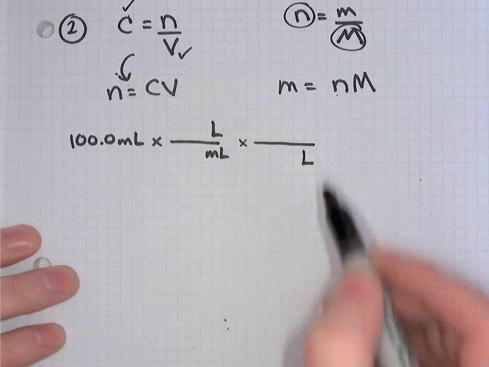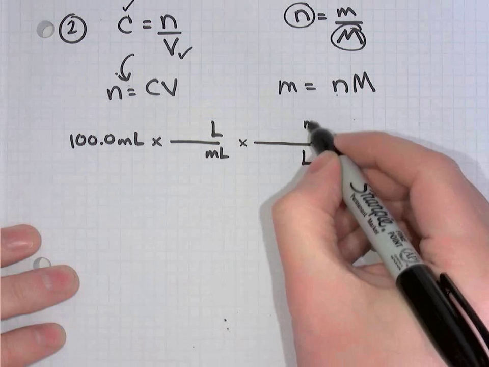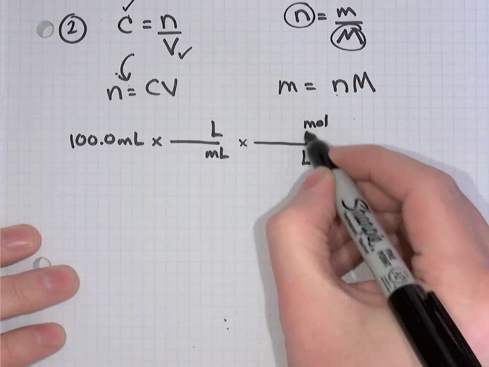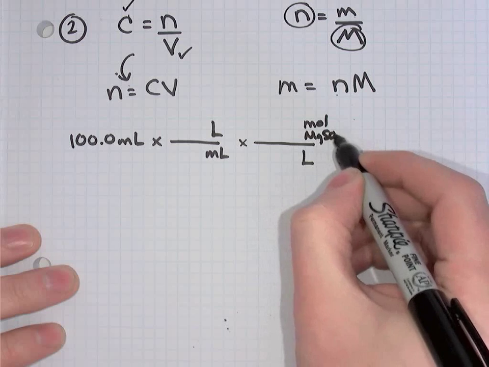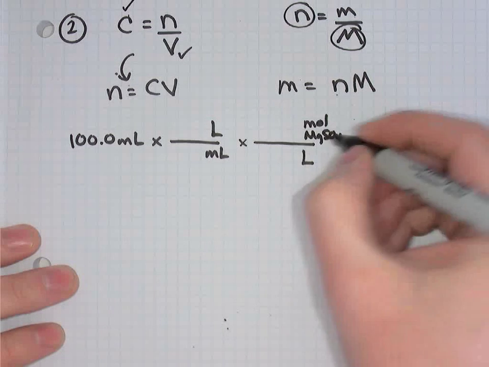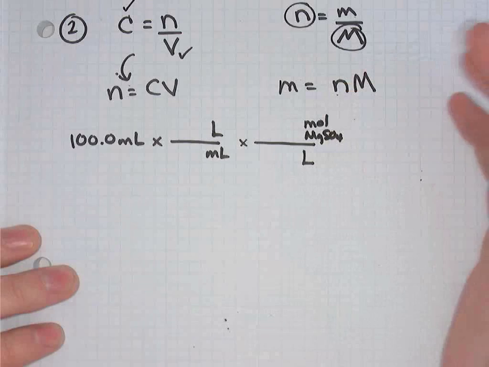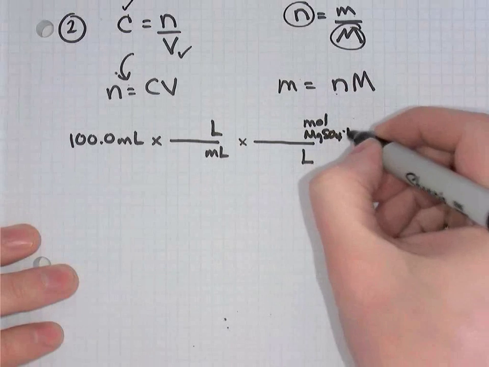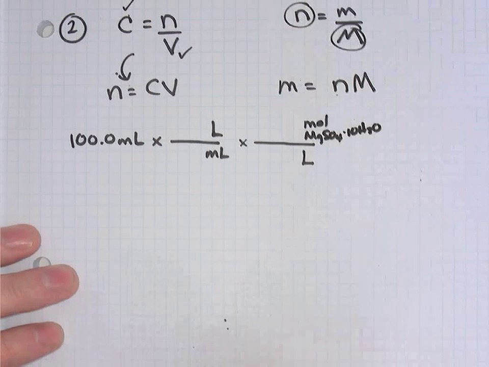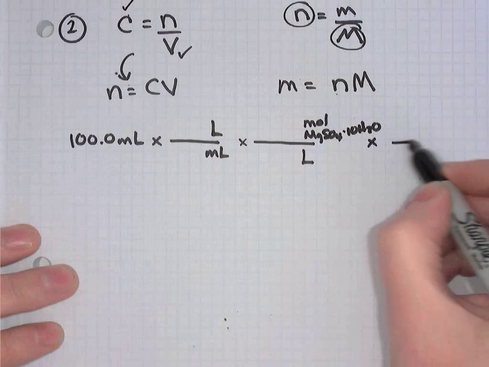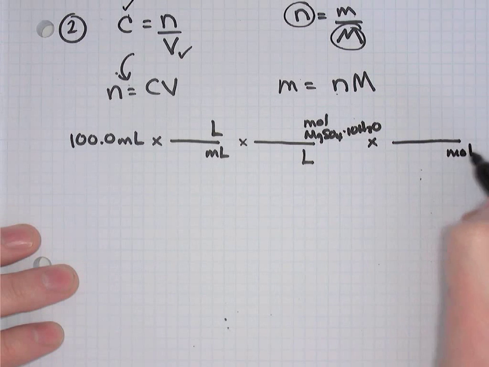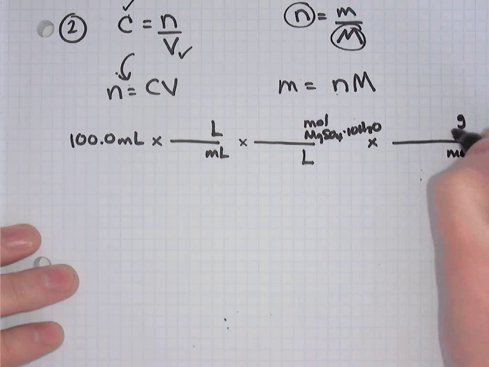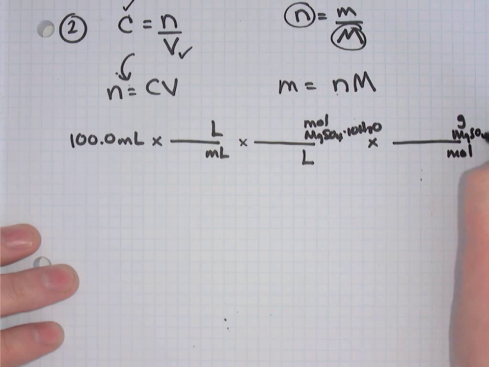I can get rid of the liters of solution, and I can switch to moles of the magnesium sulfate, or in this case, moles of magnesium sulfate decahydrate. And then finally, we can get rid of the moles and switch to grams of magnesium sulfate decahydrate.